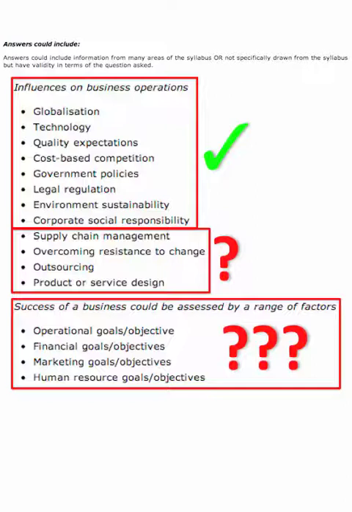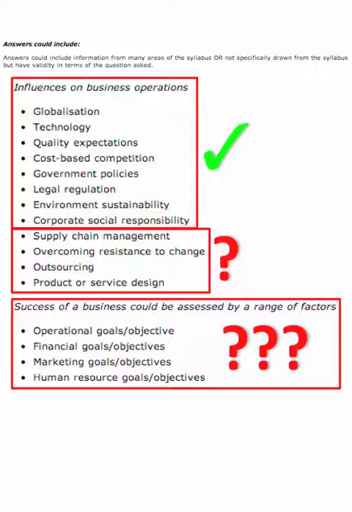If a business is looking to increase its profits, then it needs to understand what government policies are affecting it. It needs to understand that corporate social responsibility can lead to good publicity in marketing and can then lead to higher profits in finance. So you kind of get to choose how to assess whether the business is succeeding or not.